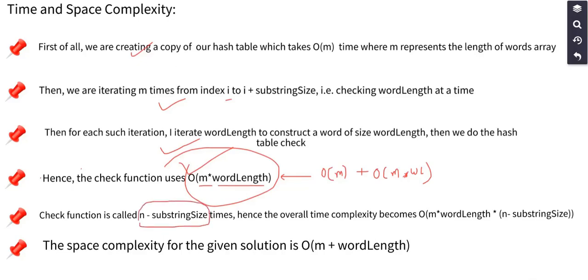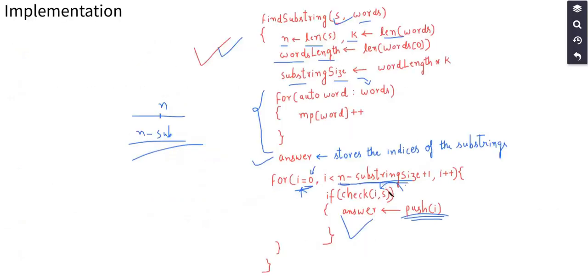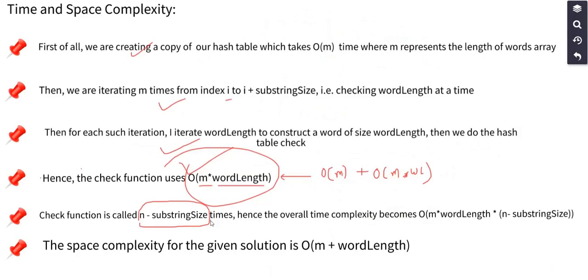So we can see that here we are calling this function each time we are iterating, and we are iterating n minus substring size times. Therefore the overall time complexity becomes m multiplied by the word length multiplied by the n minus substring size.